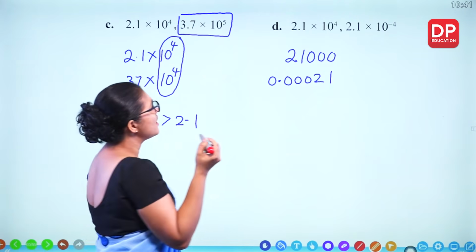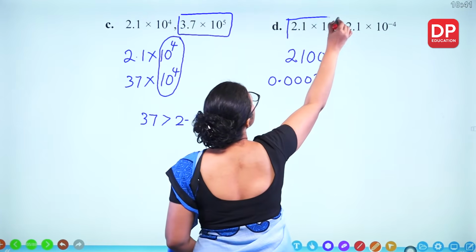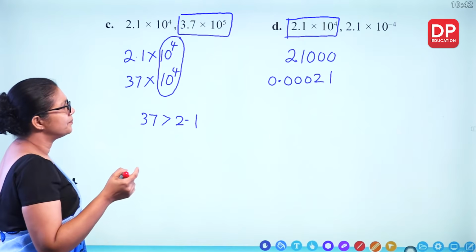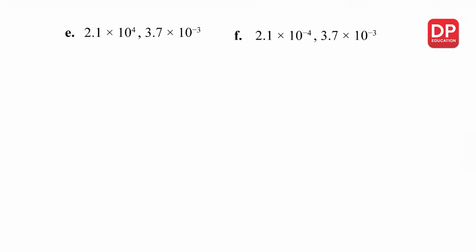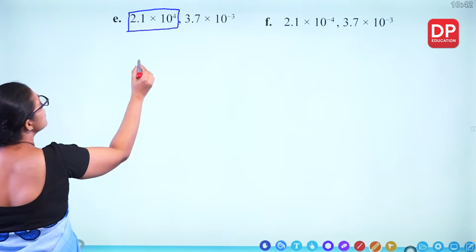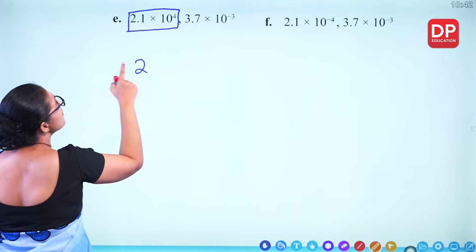So which one is bigger? Obviously we can see positive powers are bigger, larger numbers. Now you can easily compare power 4, positive power, and negative power. You get a decimal there. So which one is bigger? This one. But we'll write down the general form.